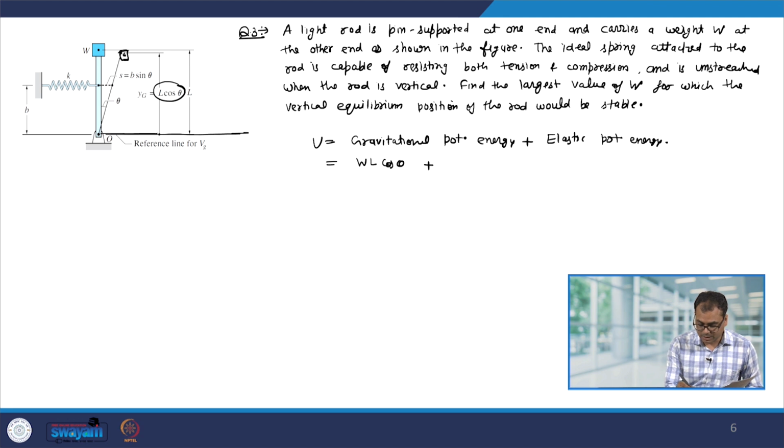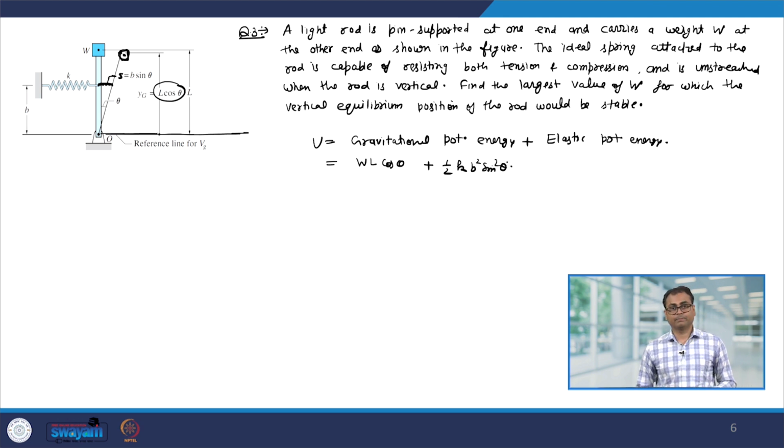So, you can see that in this situation the spring has stretched by this amount, and from the geometry I can find out this distance S equal to b sin theta. So, therefore, the potential energy corresponding to the spring will be half k S², and S is nothing but b sin theta. So, therefore, b² sin² theta. Also note that here this equation is in the generalized coordinate theta.